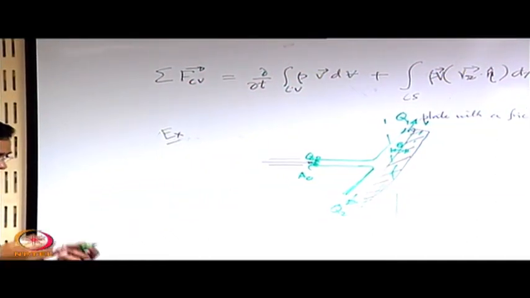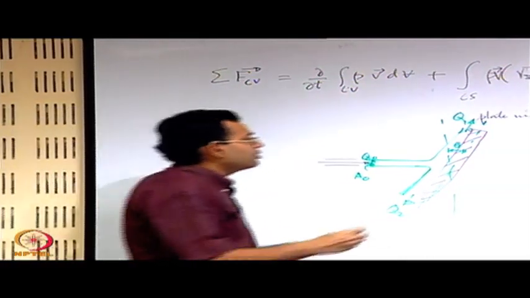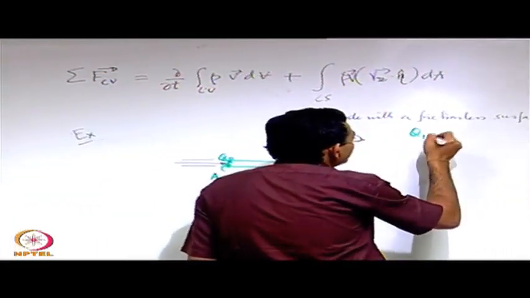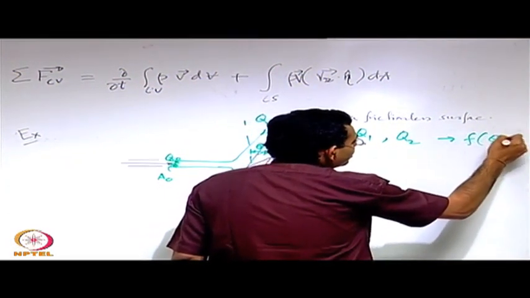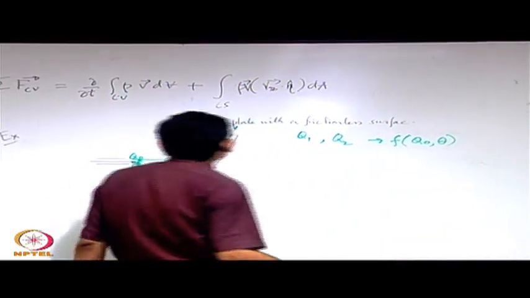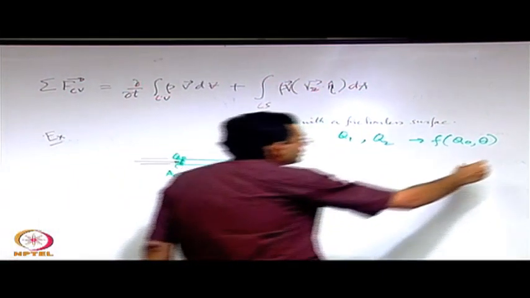So, what are the considerations that you could now apply for finding out? What is our objective? The objective is to find out Q1 and Q2 as a function of Q0 and theta. That is our objective.